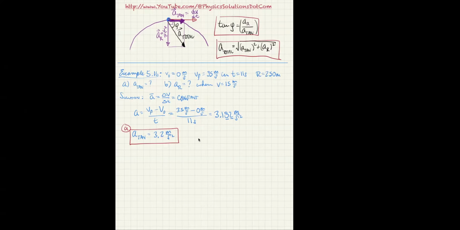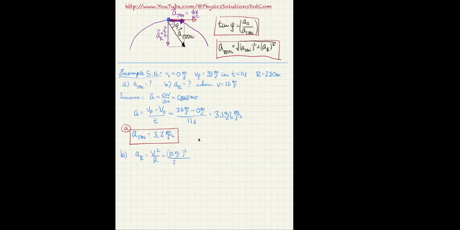Now for part B, they want us to find the radial acceleration. So for part B, we have A_radial is equal to v squared over R, but specifically we were asked for it at 15 meters per second. So that's going to be 15 meters per second squared, which gives us 225.